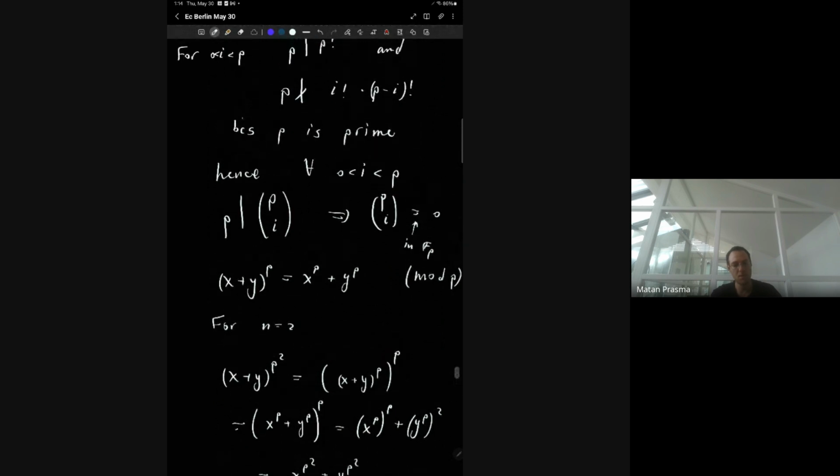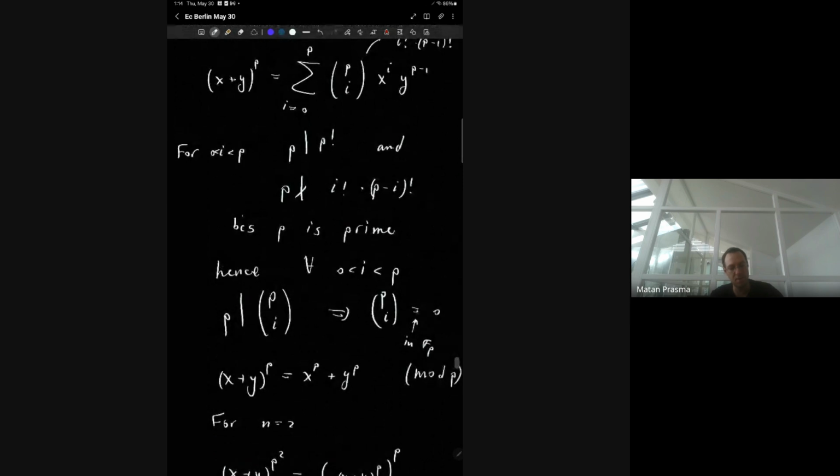So if I know that (x+y)^p is equal, by the binomial formula, to this sum in blue, and that almost all the coefficients in this sum are 0 modulo p. But all of them? Not all of them. So which one?